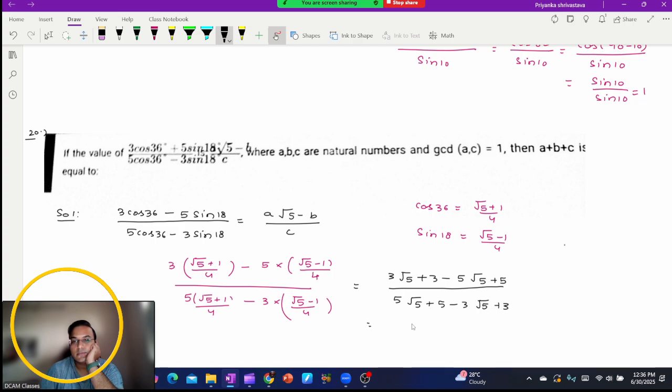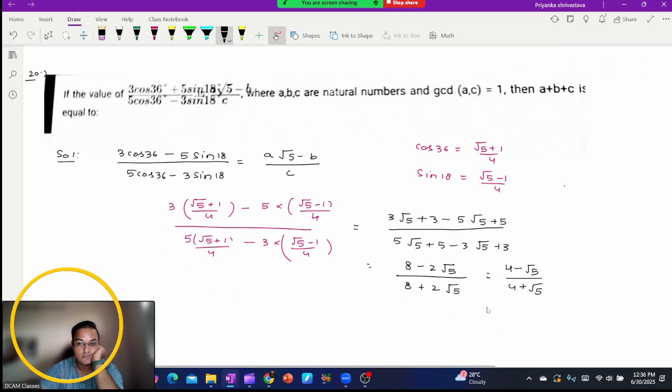So it will become 8 minus 2 root 5 by 8 plus 2 root 5. So it will become 4 minus root 5 by 4 plus root 5. So I'll rationalize it now. 4 minus root 5 by 4 minus root 5.